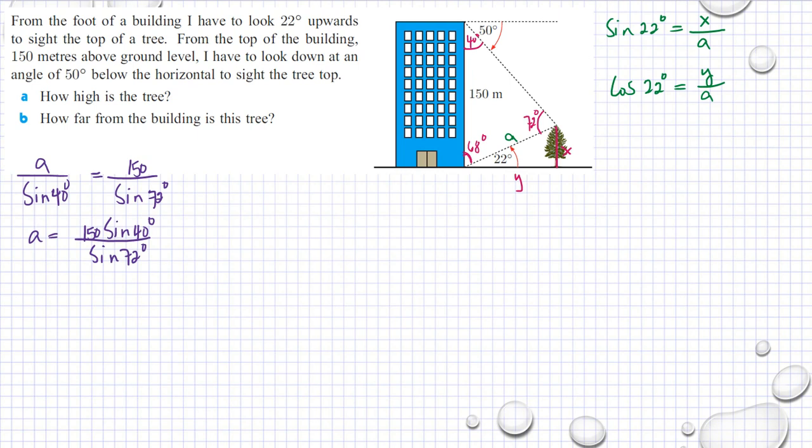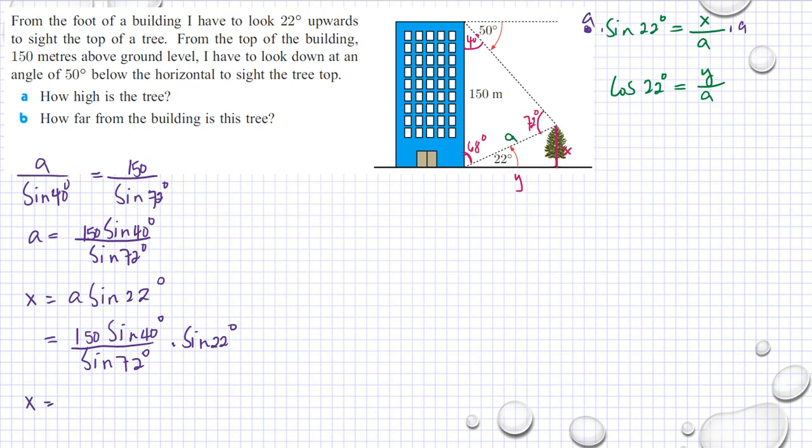So to solve the first one now, for x, how high is the tree? We have x is equal to A sine 22. If we multiply both sides of the equation by A here, then we have x is equal to A sine 22 degrees. But our A is 150 sine 40 divided by sine 72, multiplied by sine 22 degrees.